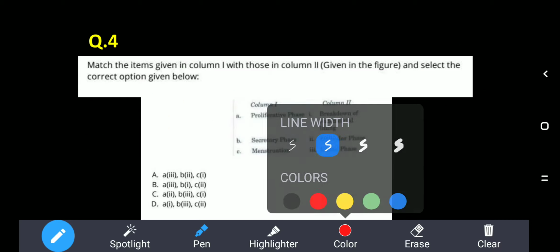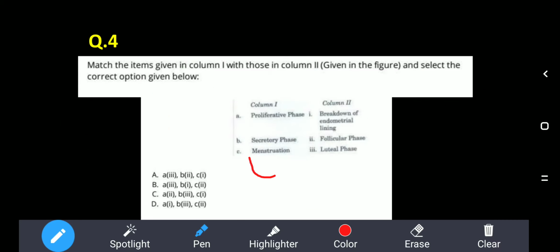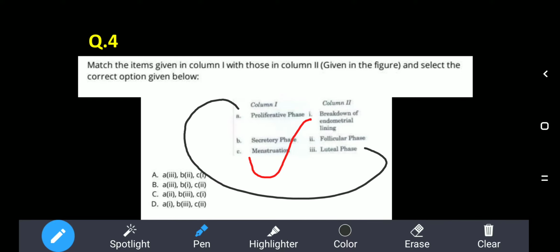I'm going to erase, and we're going to see menstruation, breakdown of endometrial lining. So C is 1. Then we have the next one: proliferative phase is called the follicular phase, and secretory phase is called the luteal phase.